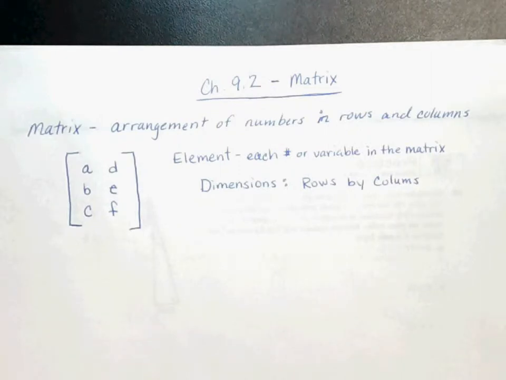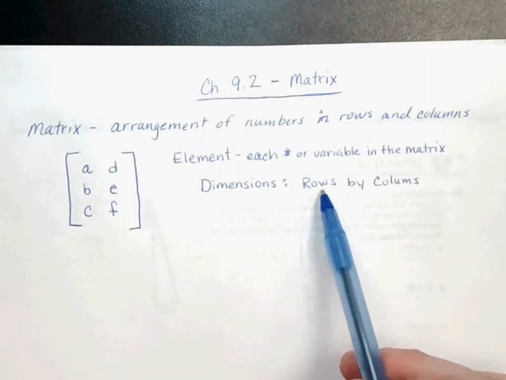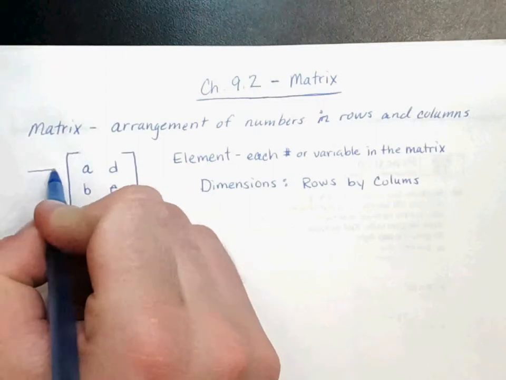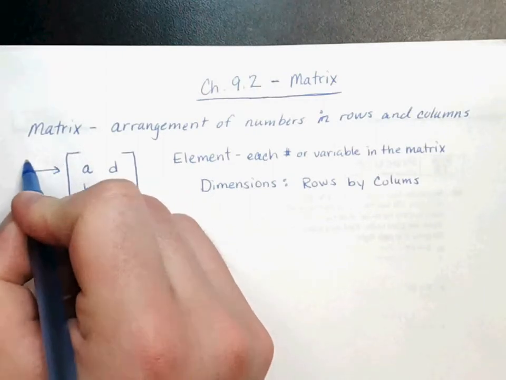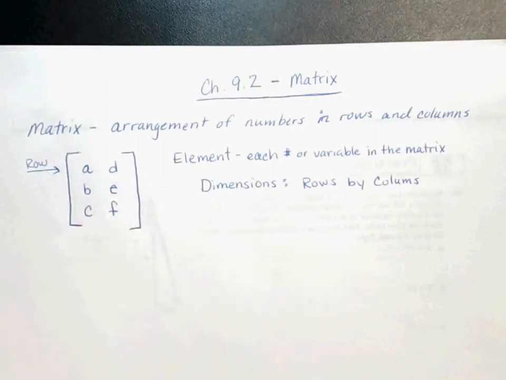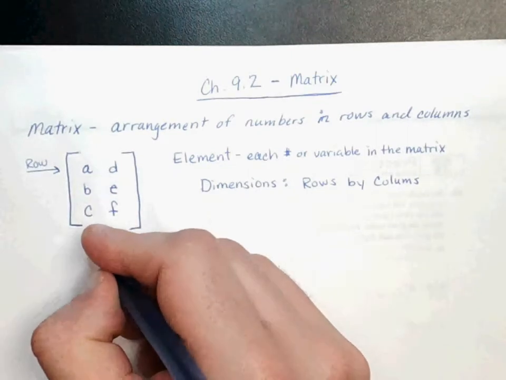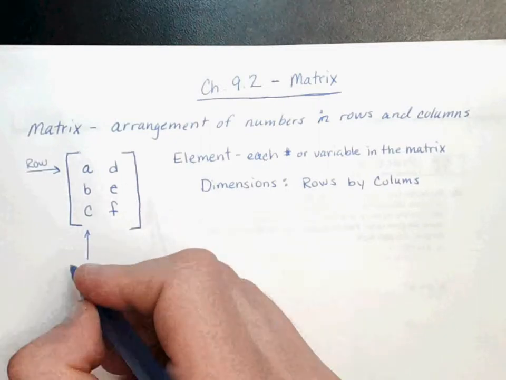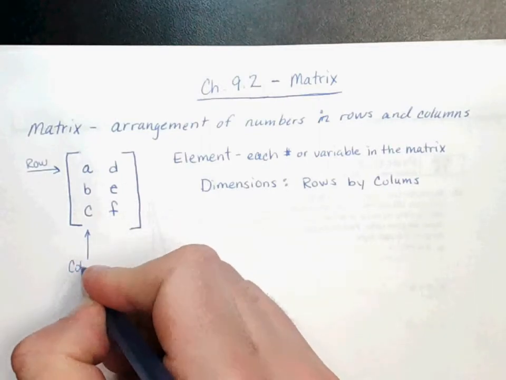So let's think. Rows go in the horizontal or the x direction. That's a row. And a column goes vertical or in the y direction.